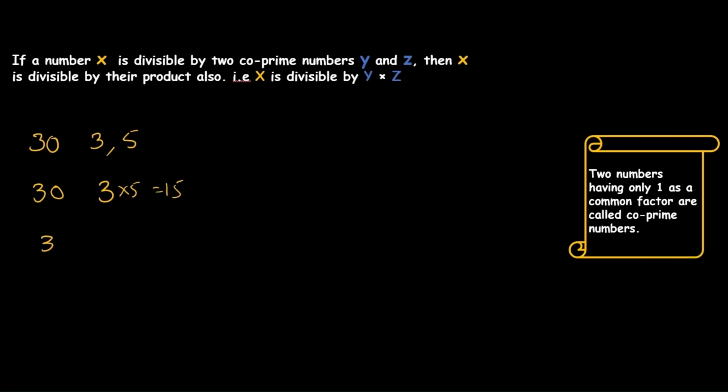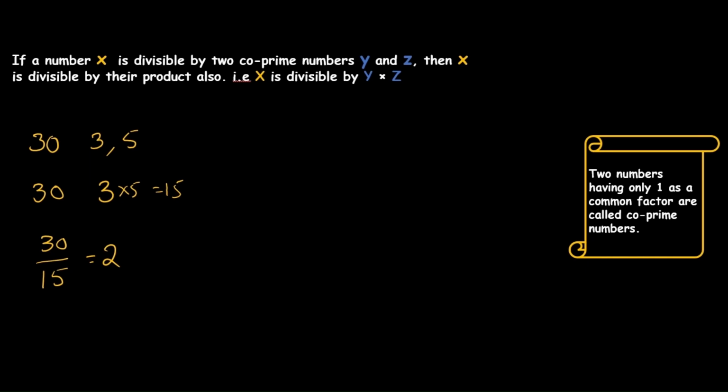So if 30 gets divided by the product of the two co-prime numbers, 3 and 5, we get 2 as the quotient and 0 as the remainder. So the product of the two co-prime numbers is also able to divide the same number, provided individually the two co-primes 3 and 5 can divide 30.